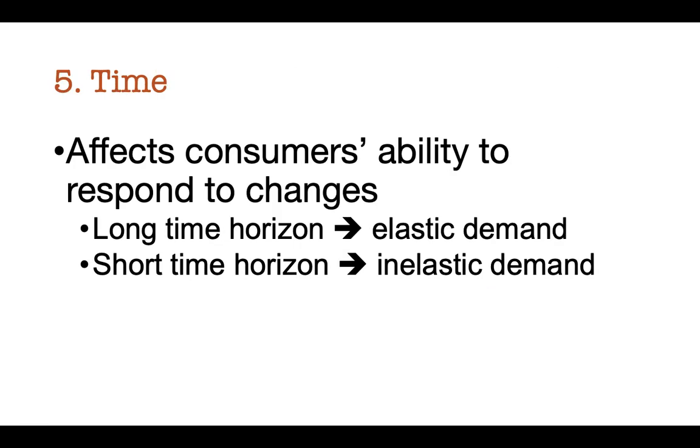And then the last characteristic is time. So as a consumer, the more time we have, the more responsive or the more elastic our demand will be. Over the short term, we don't have as much time to change our behavior. So if we go back to the market for gas, we said gas generally has pretty inelastic demand. However, depending on how much time we have to consider our gasoline purchases, our demand can become more elastic over time.